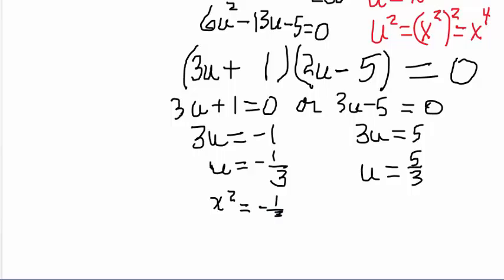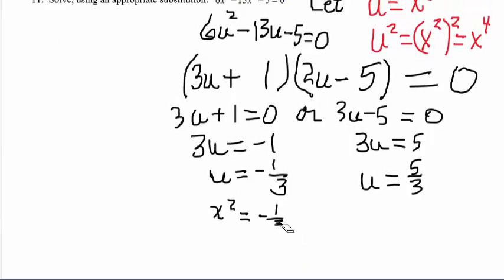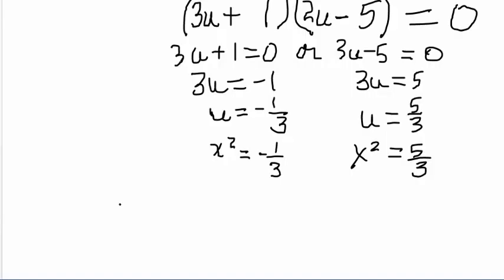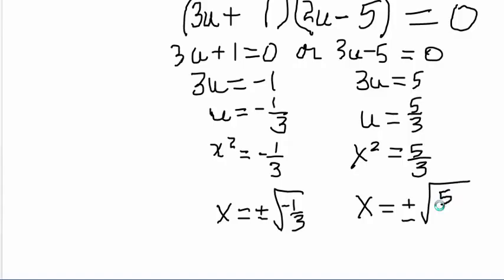Or x squared is 5/3. So using the square root property, x equals plus or minus the square root of negative 1/3, or x equals plus or minus the square root of 5/3.